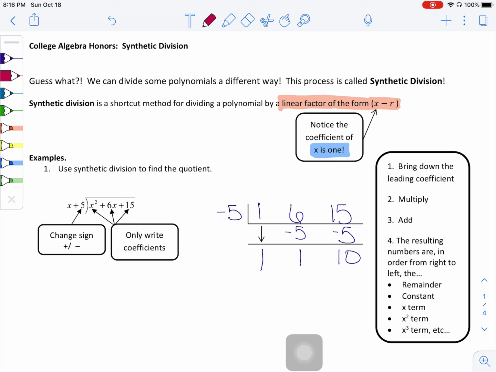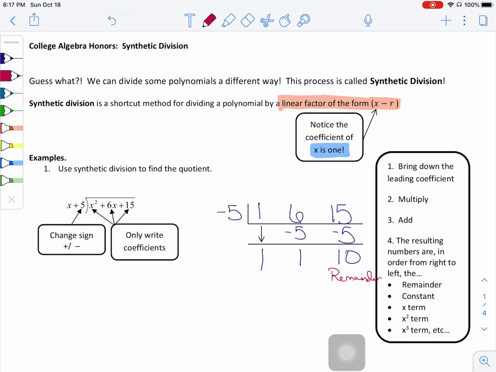These answers are your coefficients and your remainder, but we want to make sure we get them in the right order. So you're actually going to read it from right to left. The farthest number on the right side, in this case the 10, is your remainder, okay?